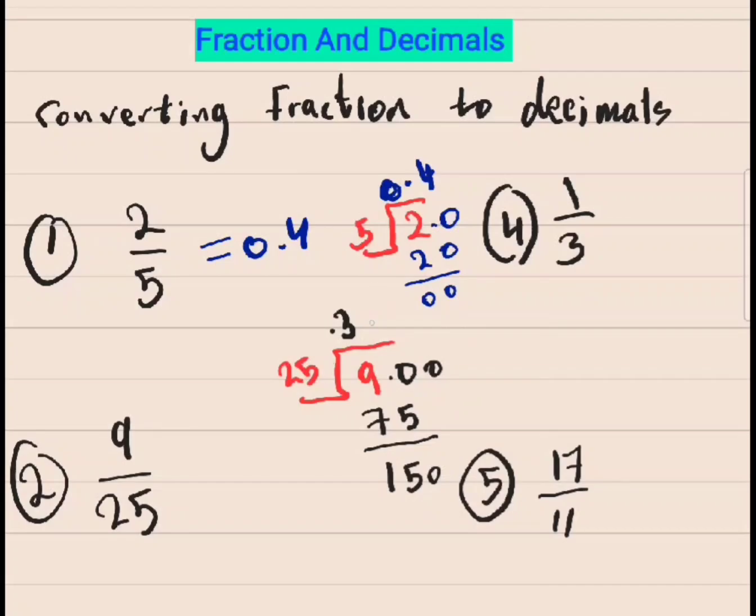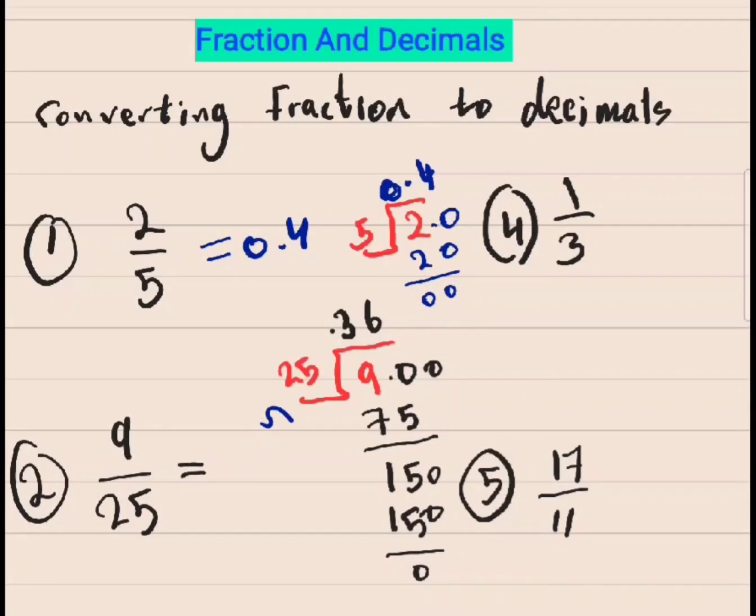And we can pull 6 whole 25s out of 150. 6 times 25 is 150, and we get that clean-cut 0. So we do not need to go any further. We are done.